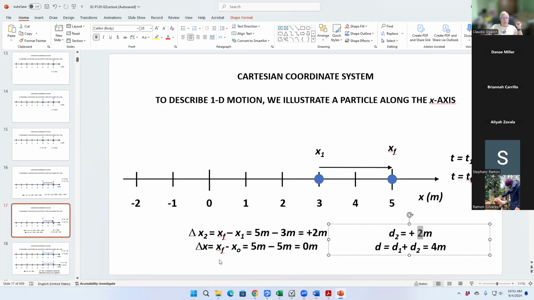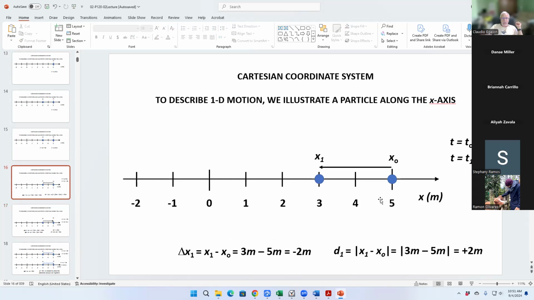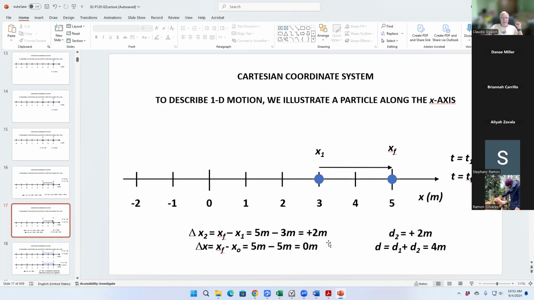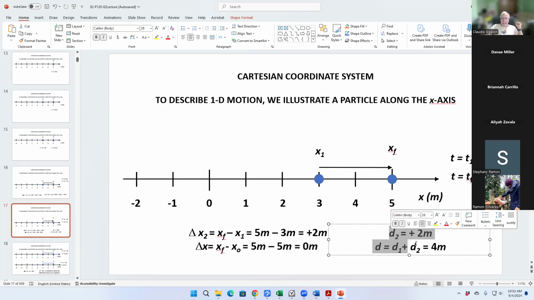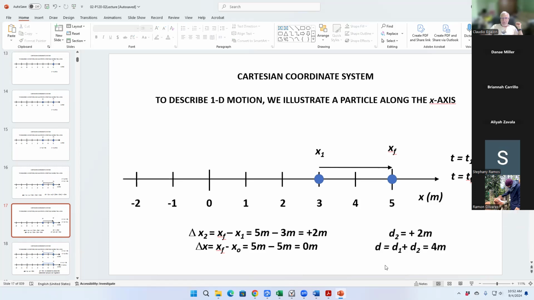But suppose that I come to you and ask, look, what about the displacement with respect to this initial position here, right? The particle traveled from the right to the left and then went back to this initial position. So the new displacement now is going to be final position 5 meters minus initial position, which is 0 meters. But what about the distance traveled?